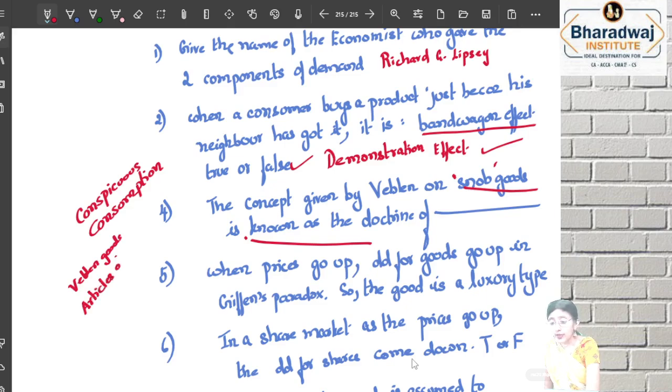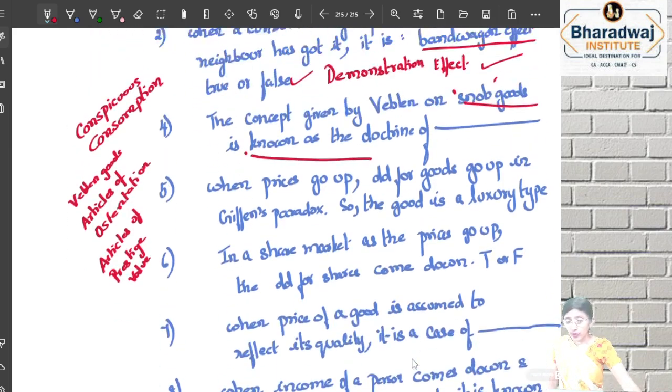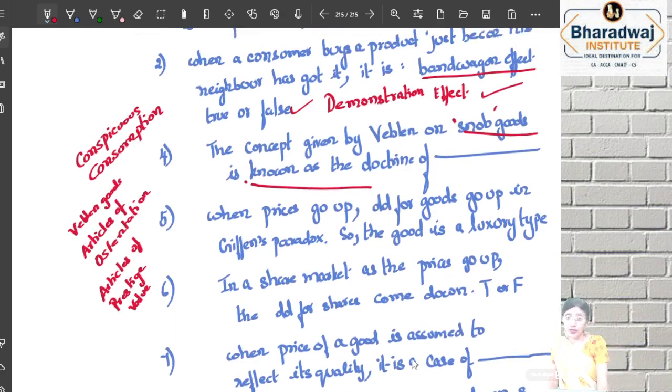Articles of ostentation. Look at your papers. Repeatedly this term will be there. Articles of ostentation. What is that? Superfluous goods. Articles of prestige value, status symbol. Note all this. Don't leave the question just because of not understanding it.